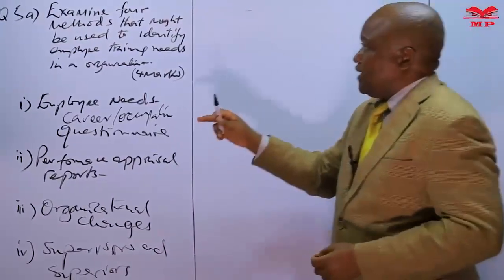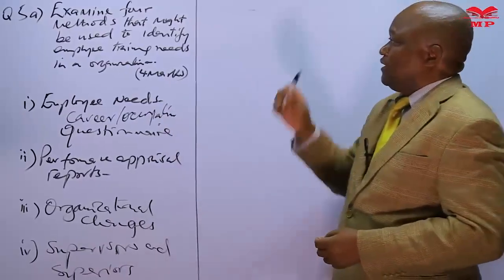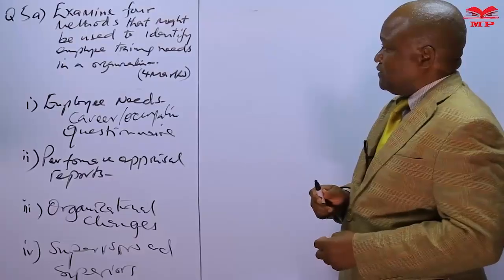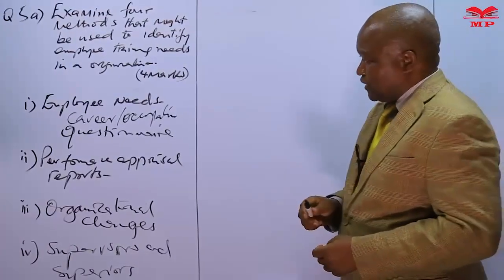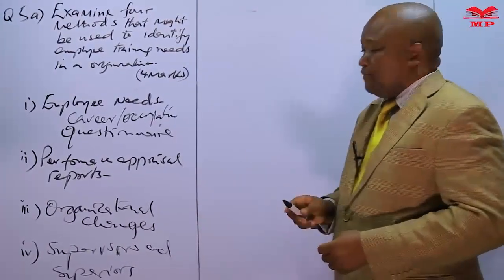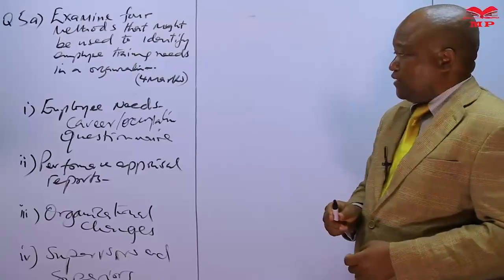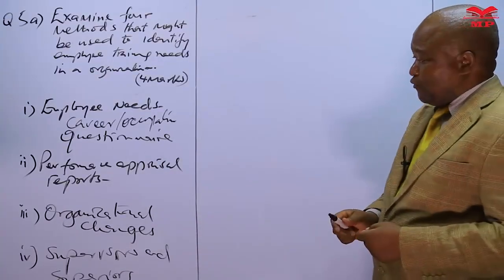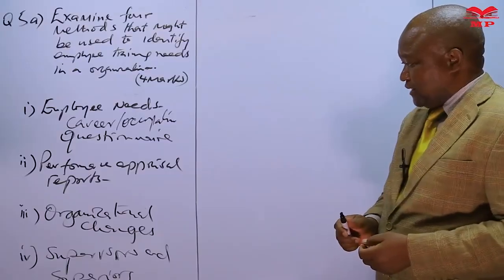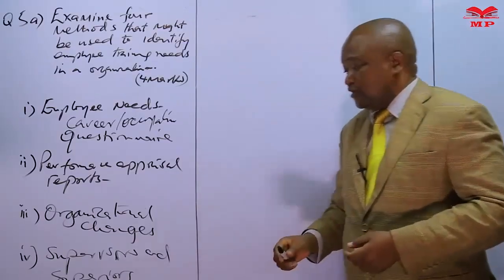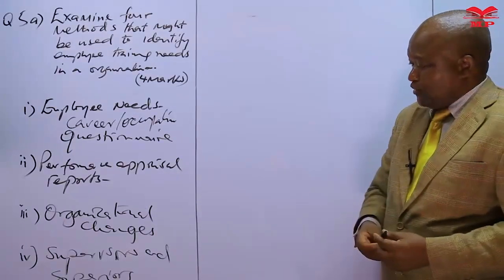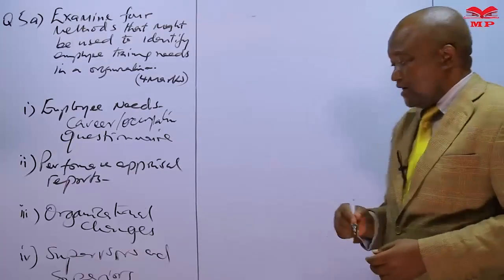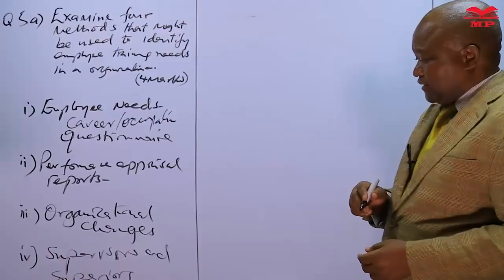So the question required that the candidate should examine 4 methods that can be used to identify employee training needs in an organization, and we have looked at the 4 where the employees themselves can provide those needs. The performance appraisal reports can provide recommendations and pointers towards what kind of training should be undertaken. Organizational changes or restructuring can also provide an indication of the envisaged changes that are desirable and what kind of skills are required.